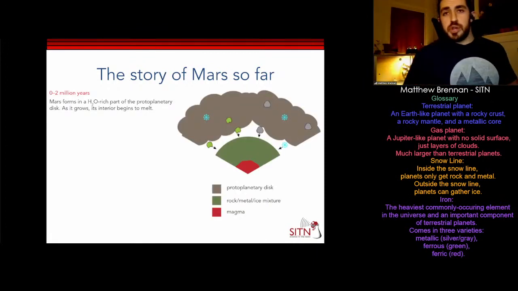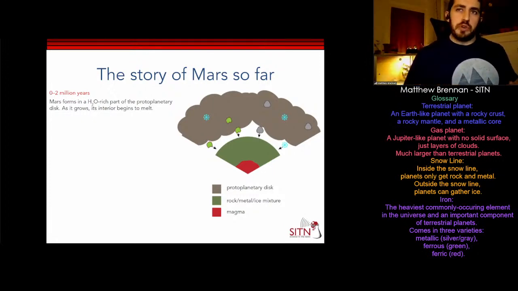In the first 2 million years of solar system history, Mars begins condensing out of the protoplanetary disk. It was likely close to the snow line, so it gathered a bunch of material, which was mostly rock and metal, but also included substantial amounts of ice, so much more ice than, say, Venus would have had.